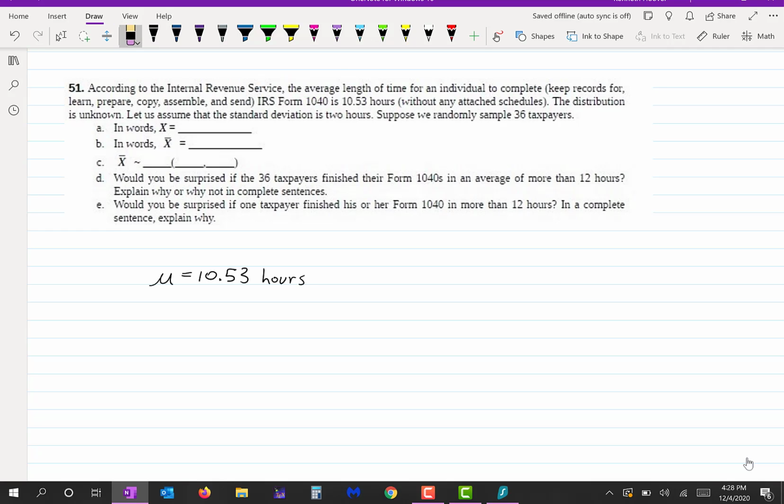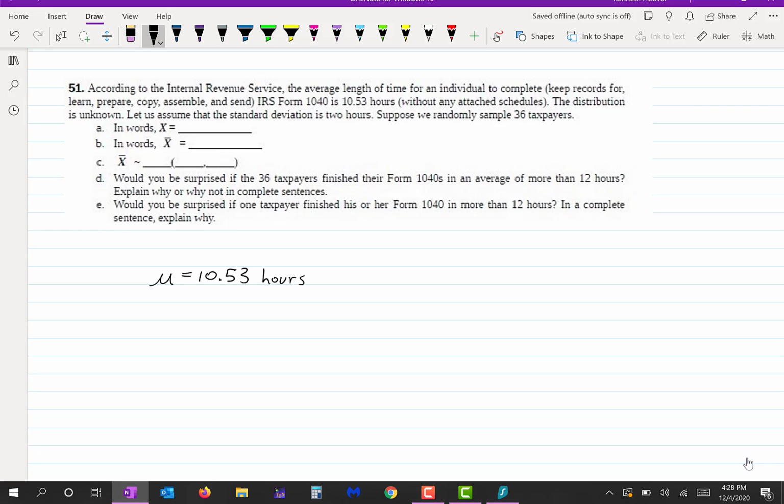Okay, the distribution is unknown, so x is distributed, we have no idea how. Let's assume the standard deviation is 2 hours.